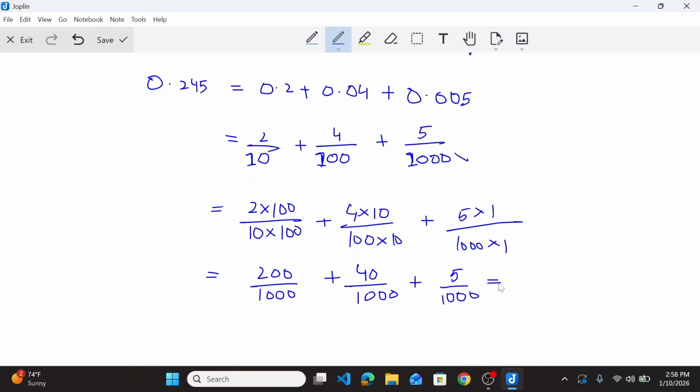So 200 plus 40 is 240, plus 5 is 245, divided by 1000, sorry.